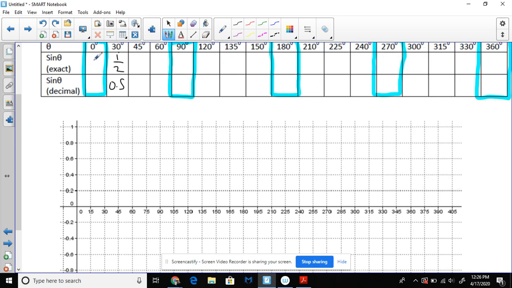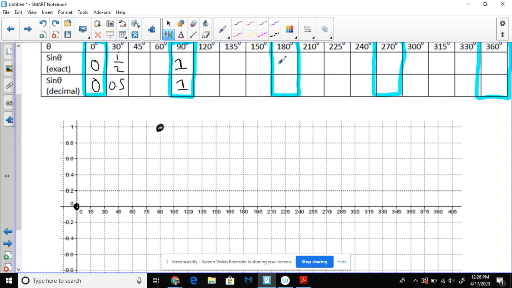If you plug in sine of 0, you get 0, right? So I'm going to put a dot there. Now, again, I don't care what these values are right now, because when we did sine of 90, you got 1, right? So the exact value and the decimal are the same. So where's 90 up here? So I'm going to put a big dot there.